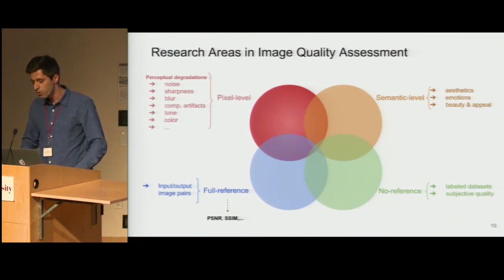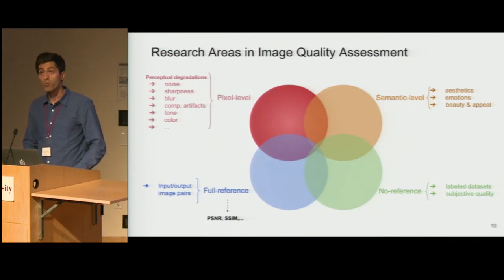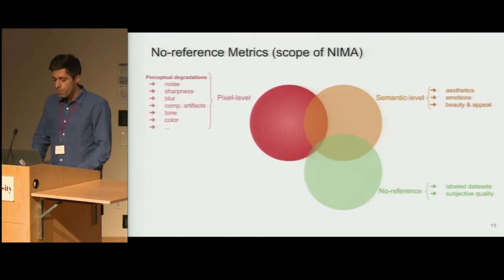So what do we do? We usually label the data, for instance, with human raters and crowdsourcing, which makes it, to some extent, subjective. So the scope of NEMA is roughly these three areas. We don't focus on full reference quality assessment.